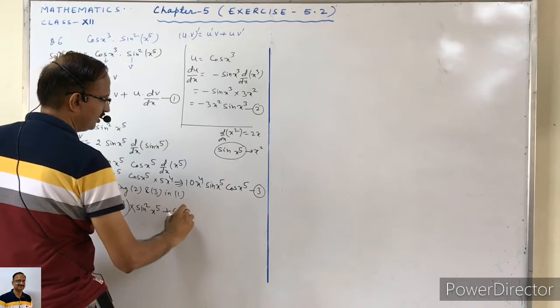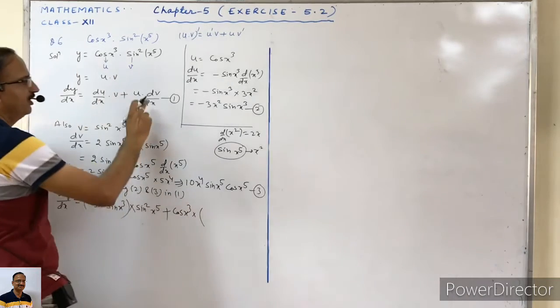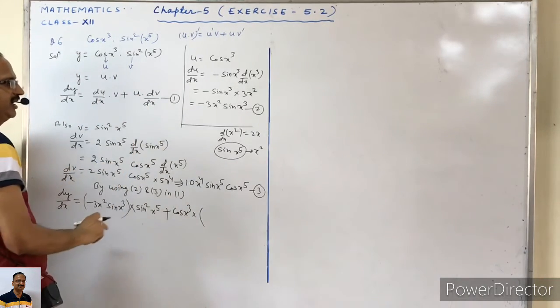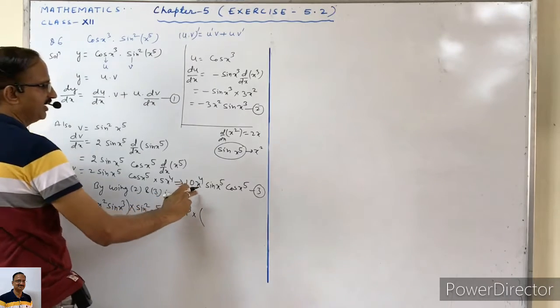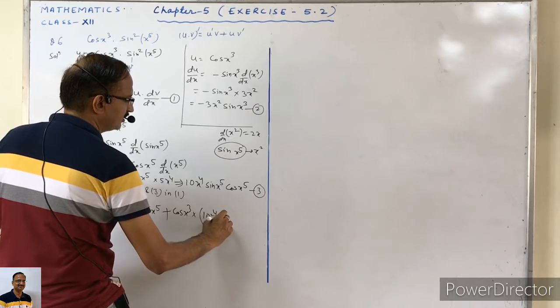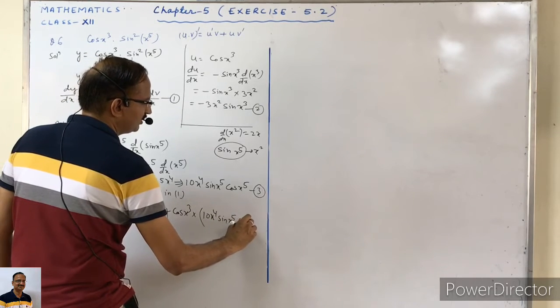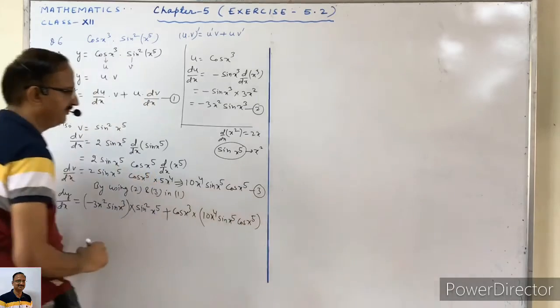This is cos x cube multiplied by the value of dv by dx, and the value of dv by dx is 10 x raised to power 4 sine x raised to power 5 cos x raised to power 5.